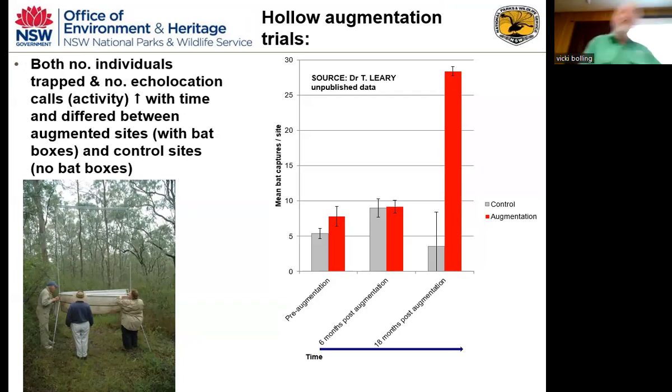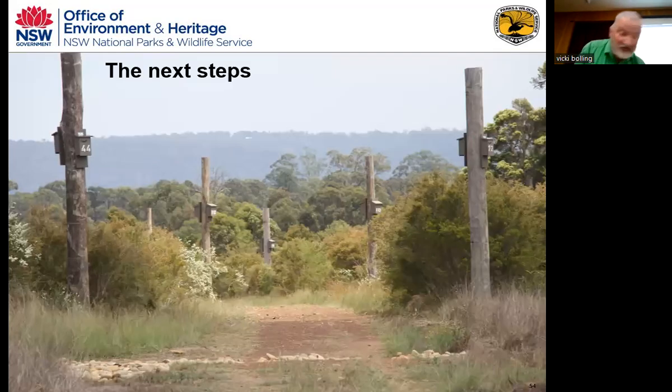And they're just the simple bat boxes for the most part. So basically the bats are going, you beauty, here we go. And in fact, if you take some of those simple bat boxes and put them on the wall of your house, bats will find them and start living there. You can actually turn your suburb into a bat habitat.